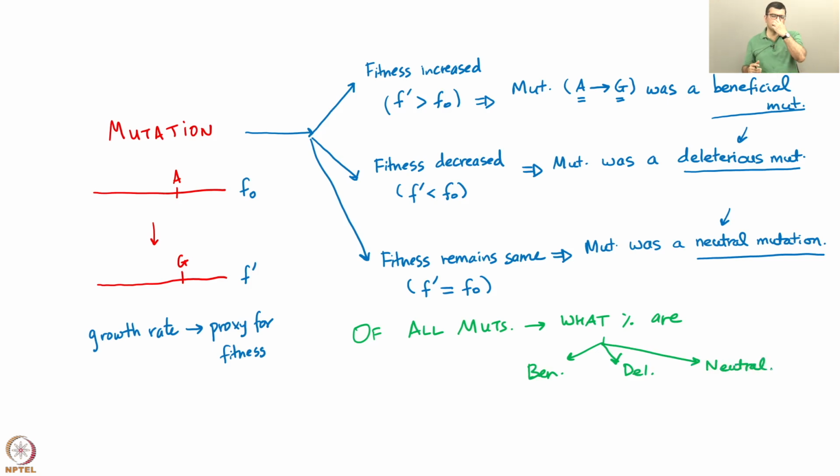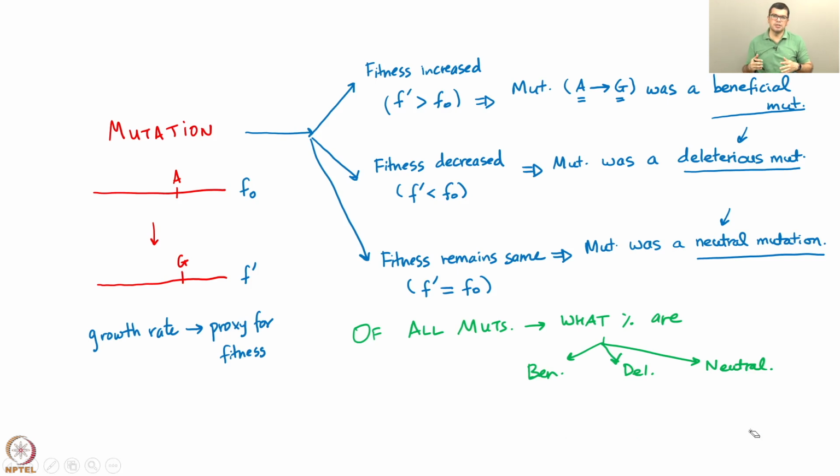So, somebody who thinks that of all mutations happening, most of them will be beneficial in nature, what you are saying is that a very high percentage of mutations belong in this category, and this is relatively smaller numbers.